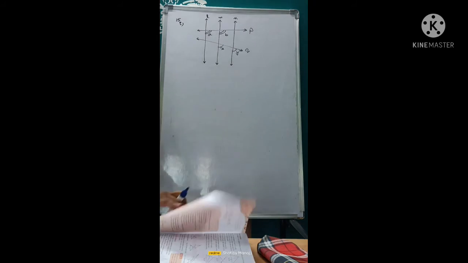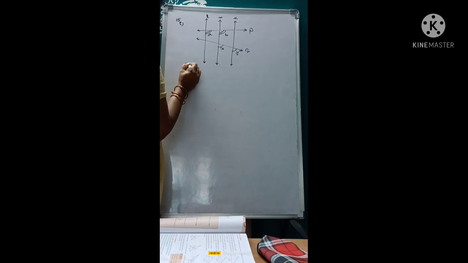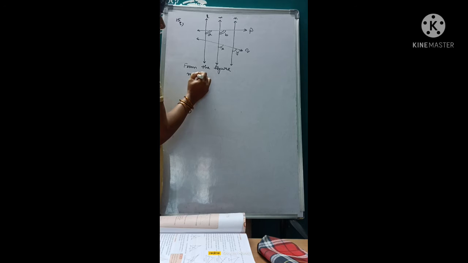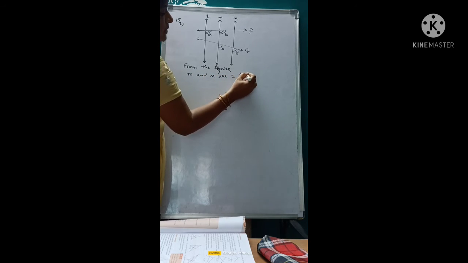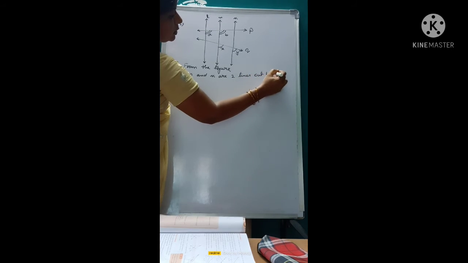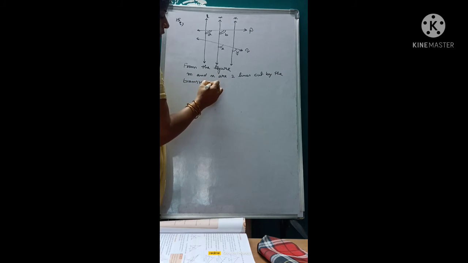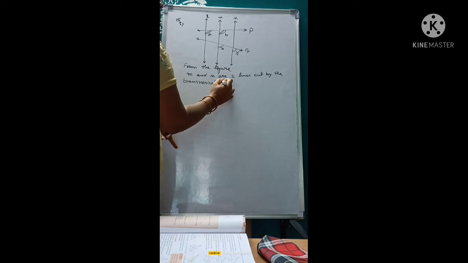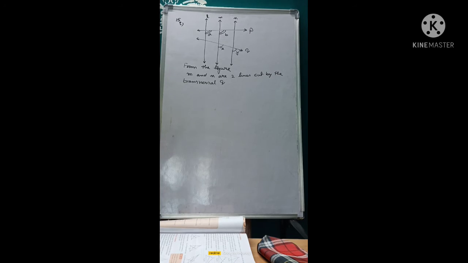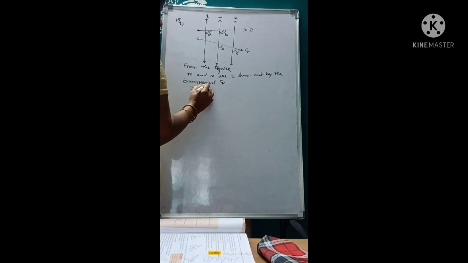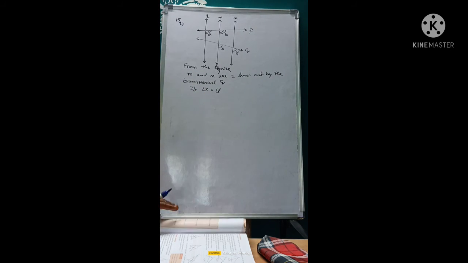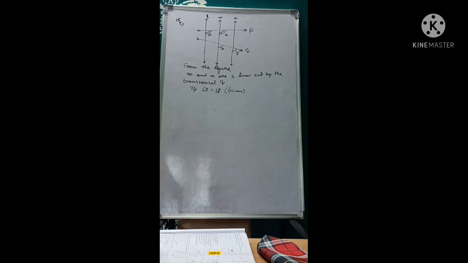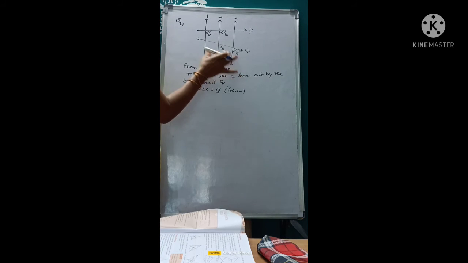Now question number 15.1. From the figure, M and N are two lines cut by the transversal Q. If angle X equals angle Y, that is given. Suppose these two are lines and Q is the transversal.